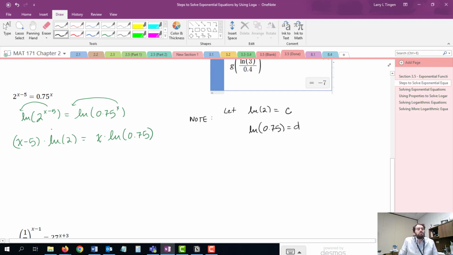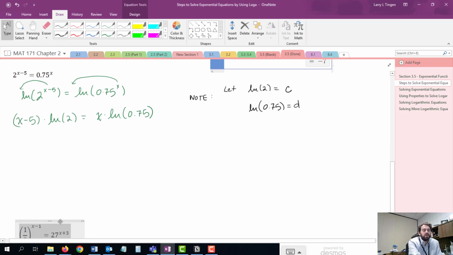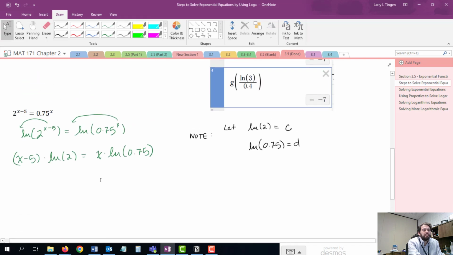Well, the algebra that we have to do to solve this, if you're not comfortable with natural logs or you haven't used them, it's very easy to lose one because of the way the notation works and because of the parentheses that get used. So what I'm doing is I'm just going to swap this out. So x minus 5 times c is equal to x times d.